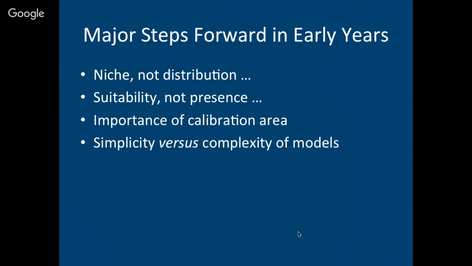And I think this is a topic that we're perhaps going to come back to. The Elith et al. paper argued that complex response surfaces were better. And I think that's an idea that we will be revisiting in coming years, and perhaps even changing our point of view.